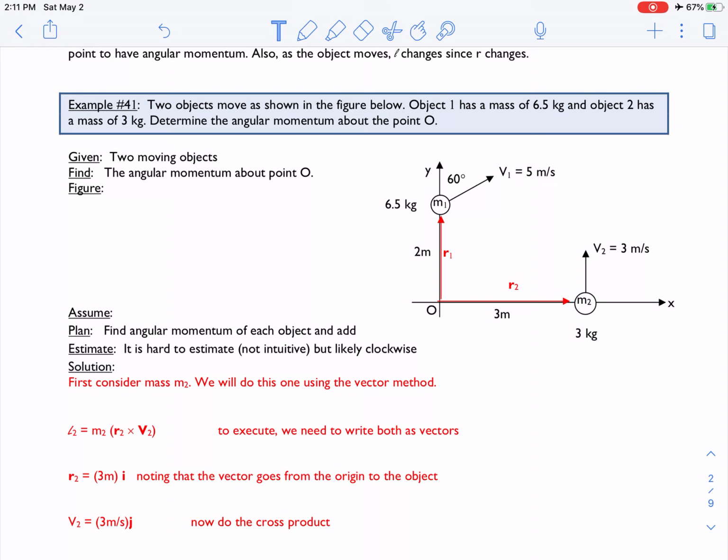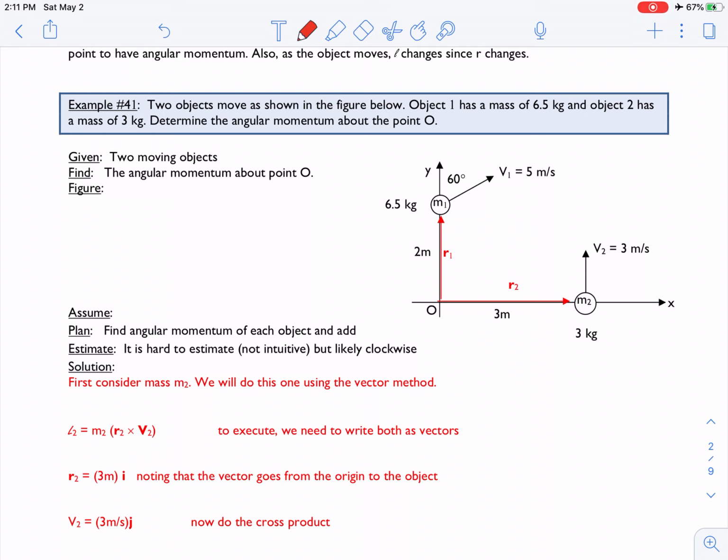Okay, so we have the xy plane. Both of the masses are on that plane. So we have two moving objects, and we are looking for the angular momentum around that origin point. We can assume that the masses move along the xy plane, so we don't really have velocity components in the z direction.